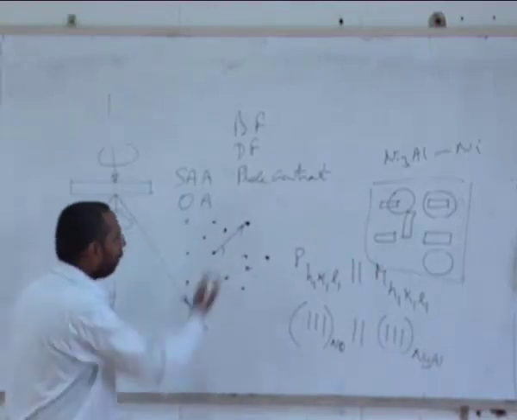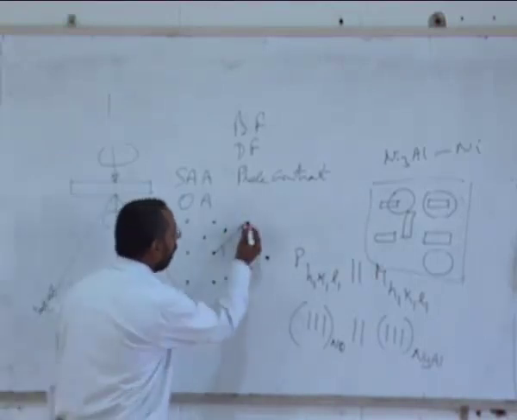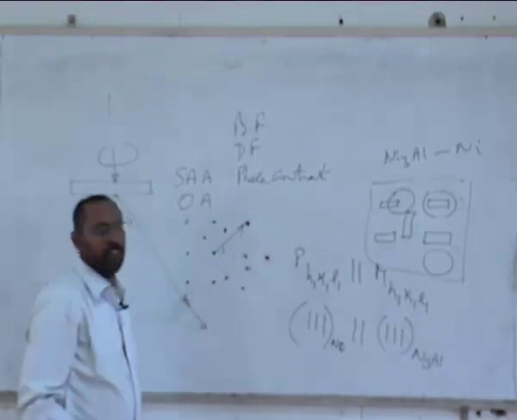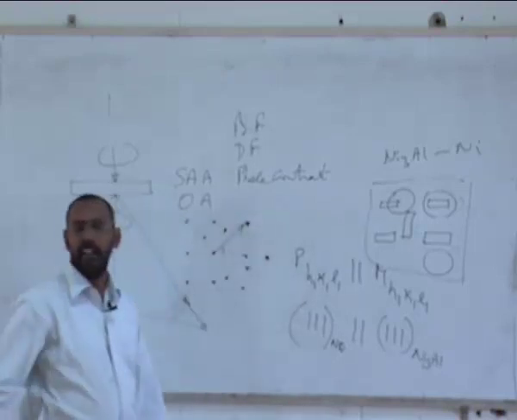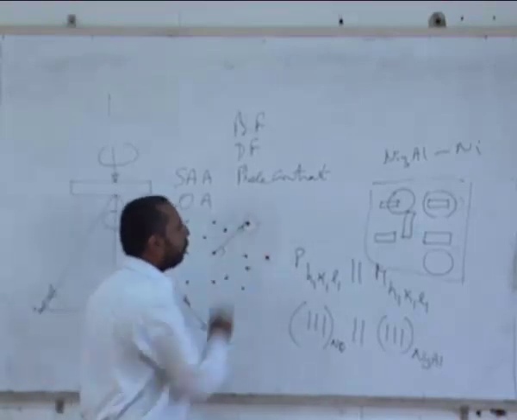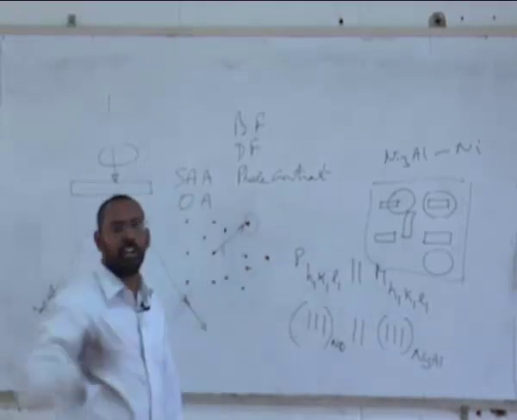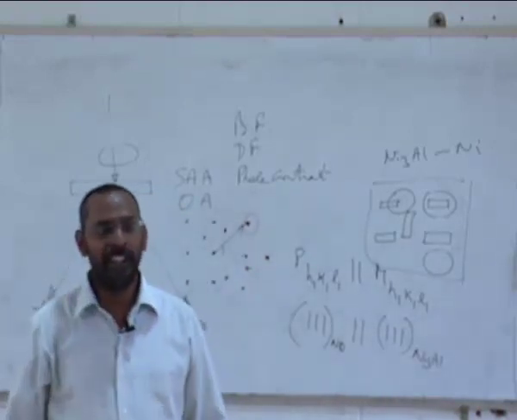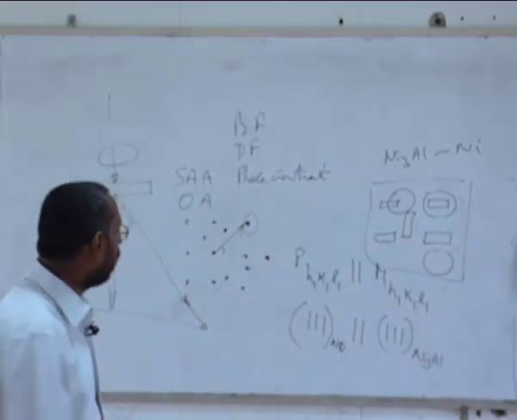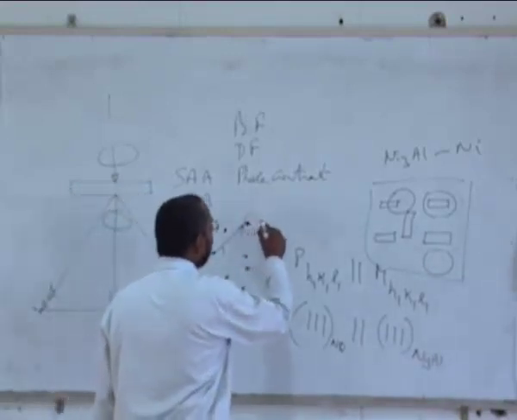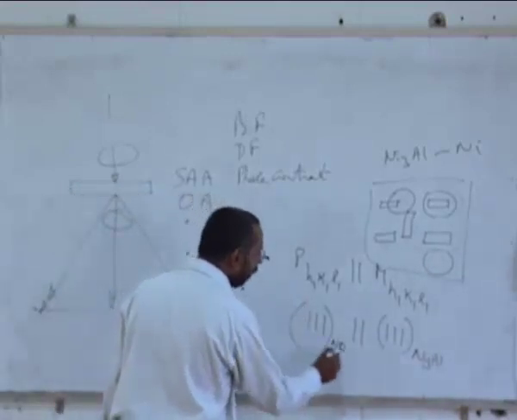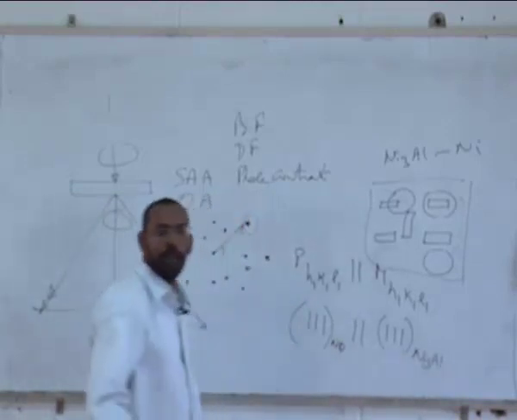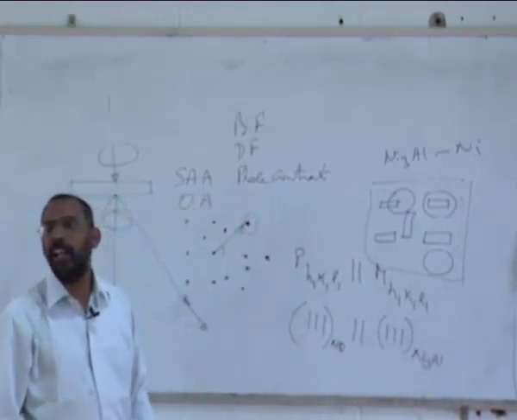But out of these spots, some of the spots will overlap with each other. And if I look at only those spots where the black and red dots are overlapping with each other, that indicates what? That a particular HKL plane of the nickel and another HKL plane of the Ni3Al are matching.